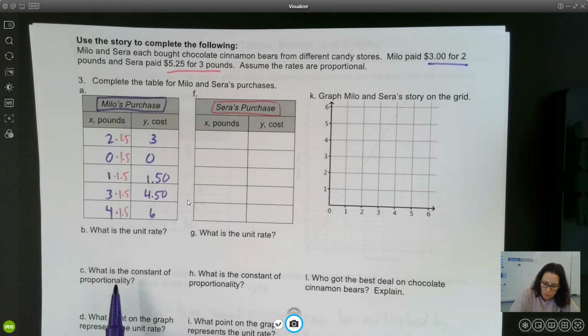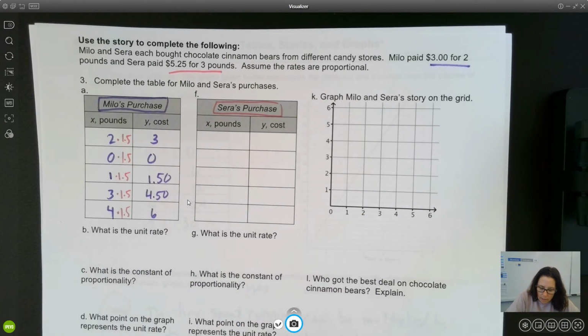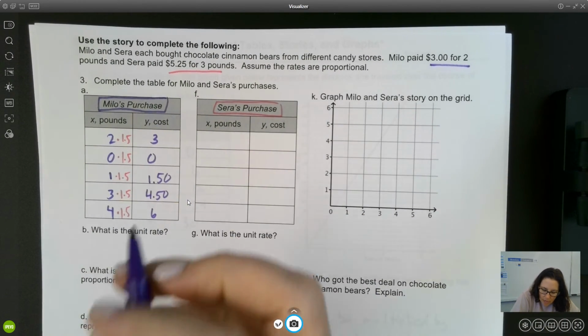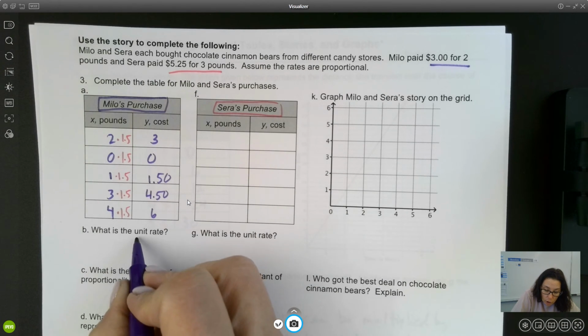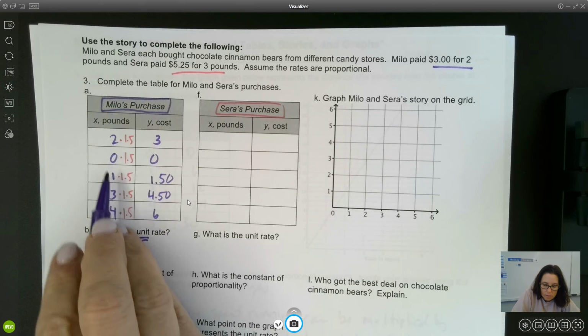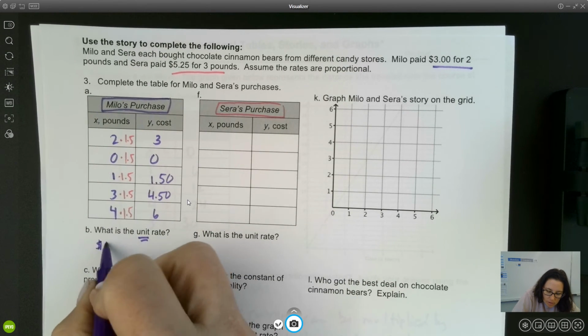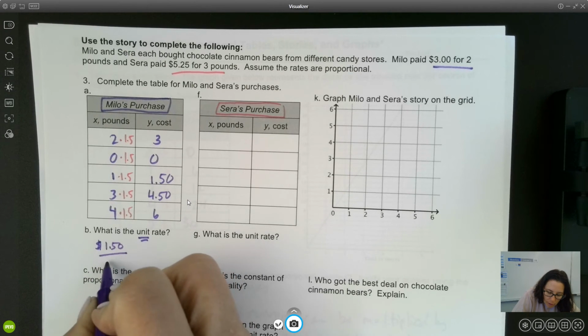Okay, so the unit rate. Let me go down here. The unit rate for this guy. Be very careful. The unit rate is where 1 is for x, and you need to have the units. So this is $1.50 per 1 pound.